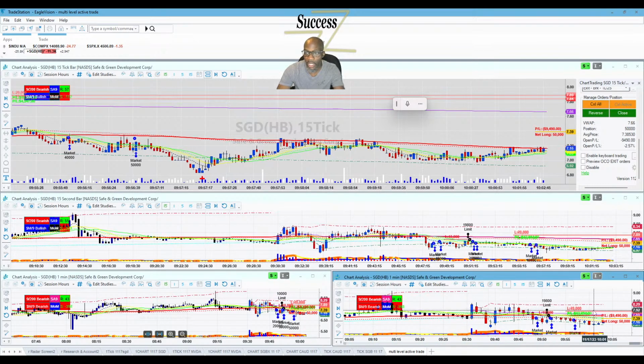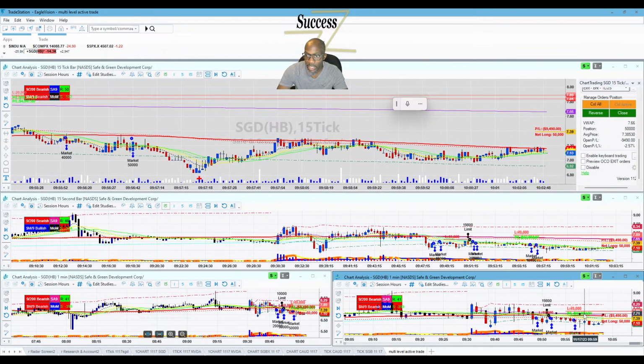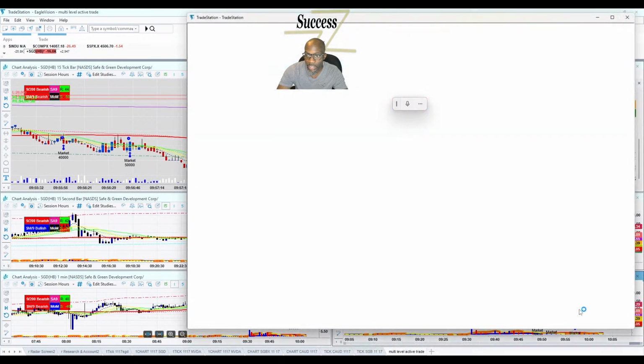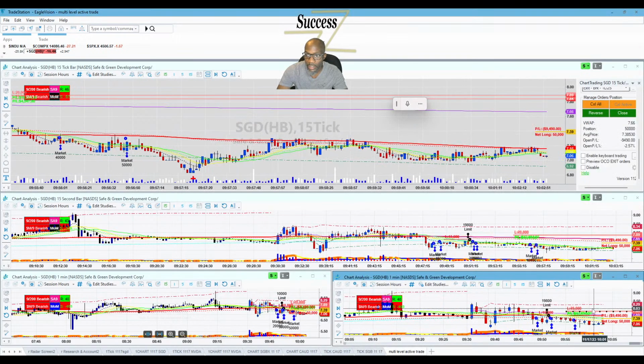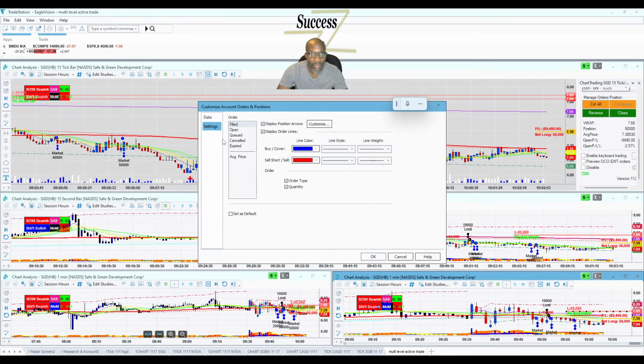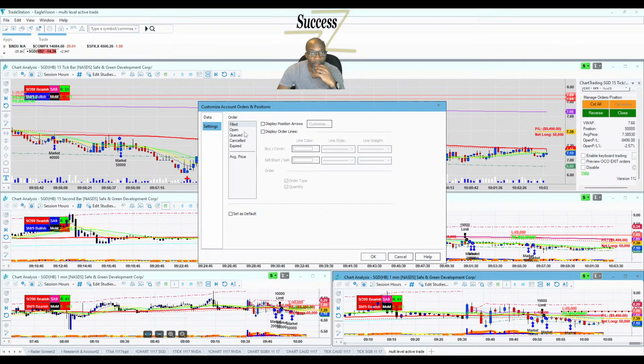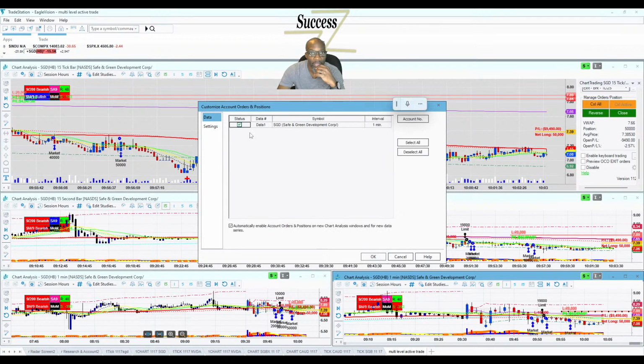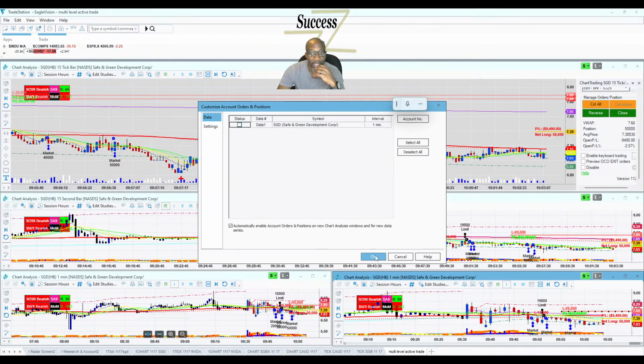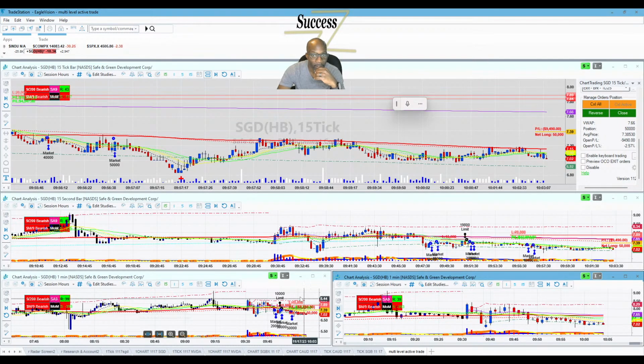Now on this chart, I do not want to see where these levels are because it's just in the way. So all these orders and everything, or could I just do that? Yeah, okay, just do that.